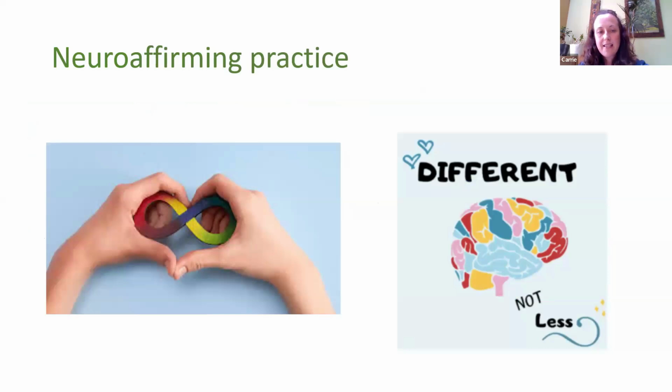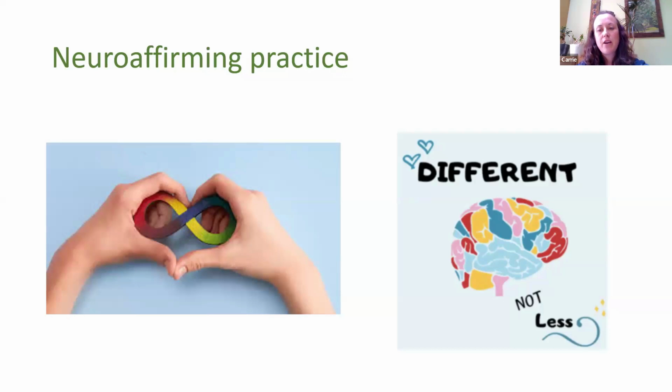So alongside that, today we're really going to be thinking about neuroaffirming practice. Alongside this increased understanding of neurodivergence, a lot of the ways we do things in school and in society now is trying to ensure that we're being neuroaffirming to the children that we're working with, and not making them feel different or excluded, or that there's something wrong with them or the way they do things.